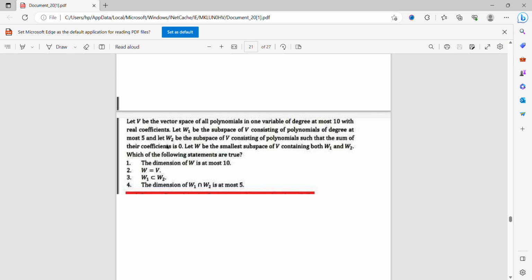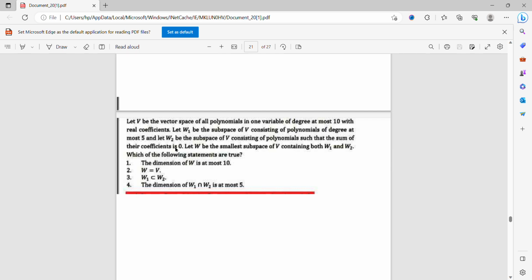There is only one restriction, and it is on the coefficients. Suppose the coefficients are a0, a1 up to a10, then the sum of the coefficients is 0. That means a0 + a1 + a2 + ... + a10 = 0. So I can write a0 as a combination of the other 10, a0 = -(a1 + a2 + a3 + ... + a10).